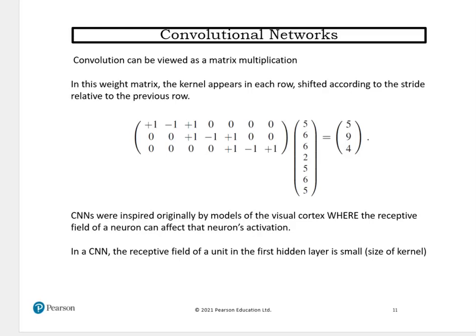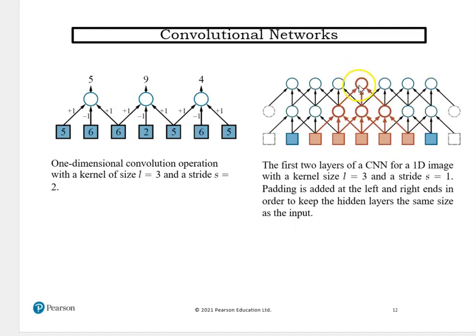In a convolutional neural network, the receptive field of a unit in the first hidden layer is small, essentially just the size of the kernel, which is L pixels. In the deeper layers of the network, it can be much larger because, as you saw here, the deeper you go into the network, each unit collects information from the previous layers, which allows it to combine information from many more inputs.